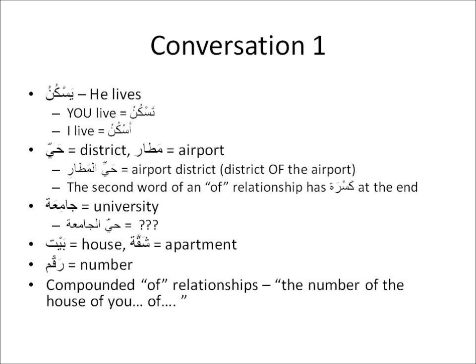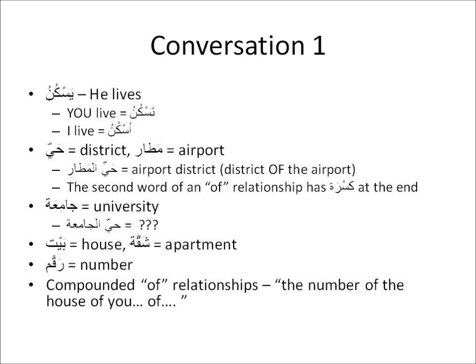Assalamu alaikum. Peace be upon you. Wa alaikum assalam. And upon you be peace. أين تسكنون? Where do you live? أسكن في حي المطار. I live in the district of the airport. وأين تسكن أنت? And where do you live? Yourself. أسكن في حي الجامعة. I live in the university district. هل تسكن في بيت?